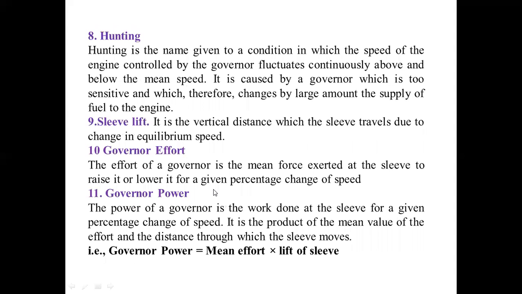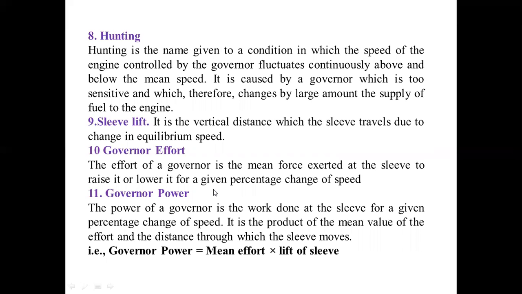Next, hunting. What is hunting? It is a phenomenon, a condition, in which the speed of the engine controlled by the governor fluctuates continuously above and below the mean speed. This is called hunting.